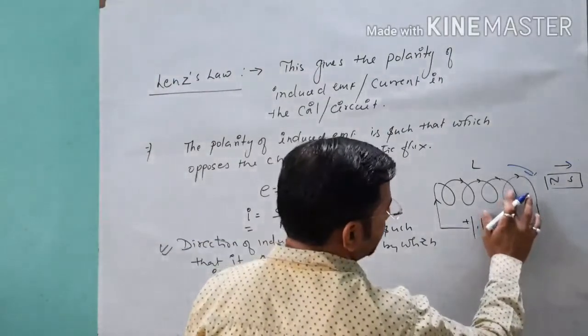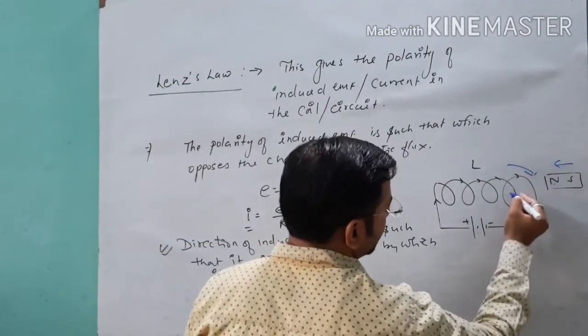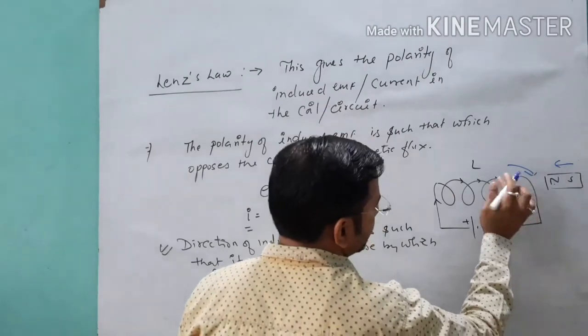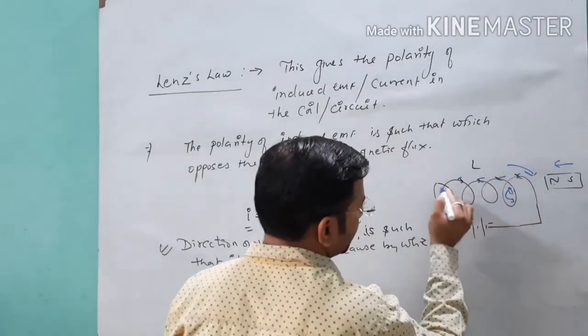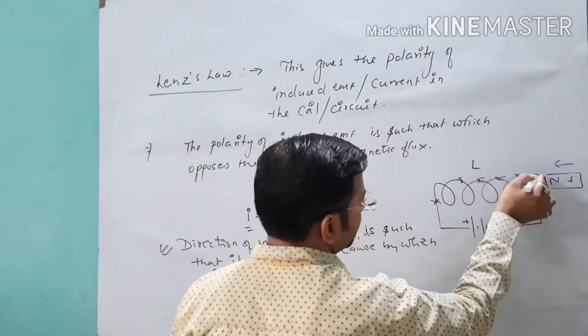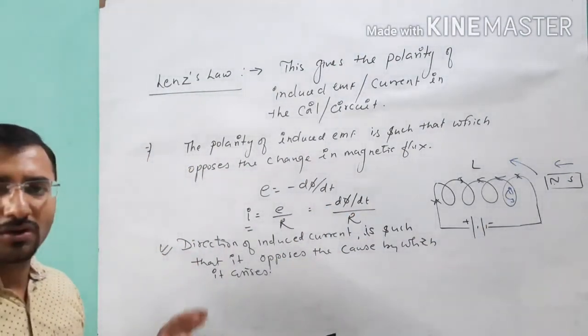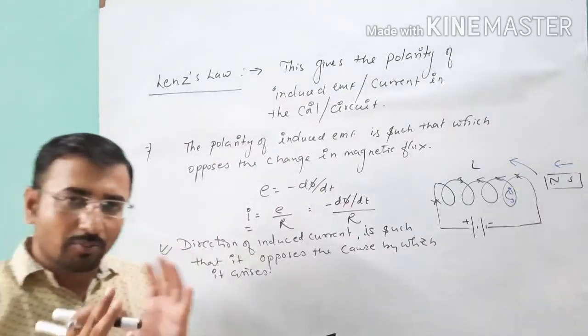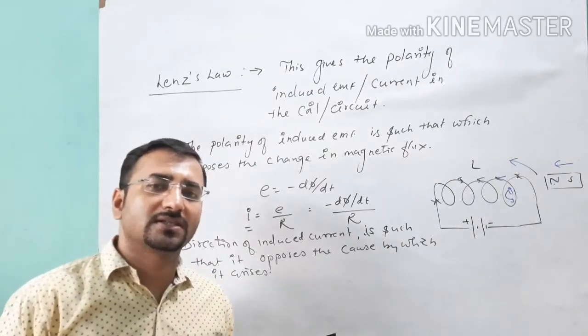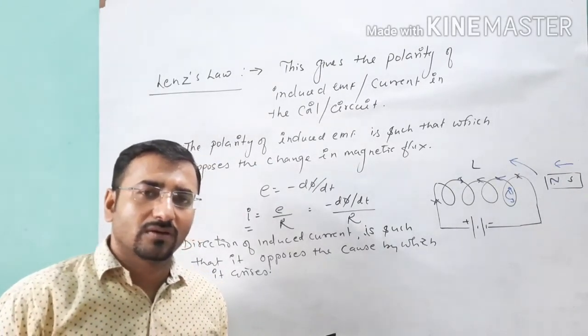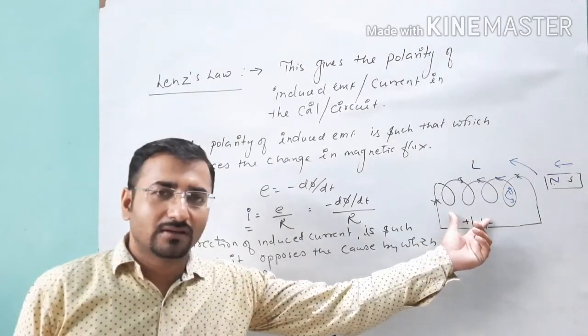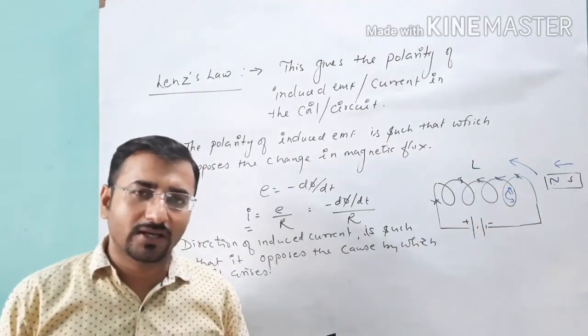On the other hand, when the magnet moves toward it, which direction will it be? Tell me. The direction is anti-clockwise. So this is Lenz's law, which tells us about the polarity of the induced current as well as the induced EMF, and how we can see the polarity is already explained.